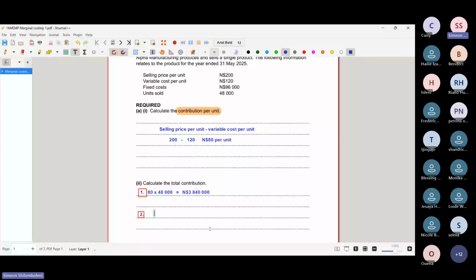I don't even know if this is the formula that I gave you, but it will work anyways. One product is 120 and I have 48,000 products. How much is my total sales? Because here we must say total sales minus total variable cost.